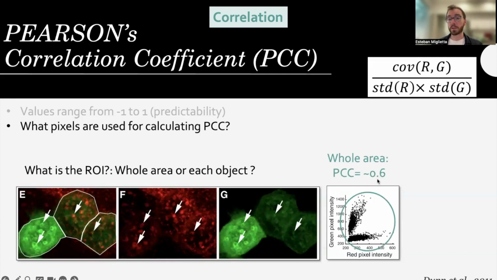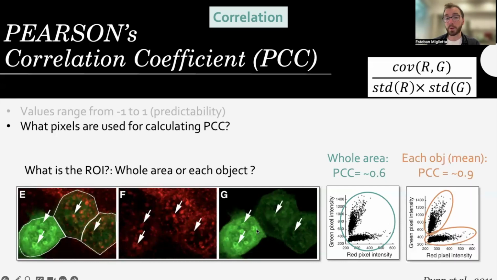However, when you measure the PCC for the whole image, again, this can be PCC or, or PCC and, you get a middling value of 0.6.